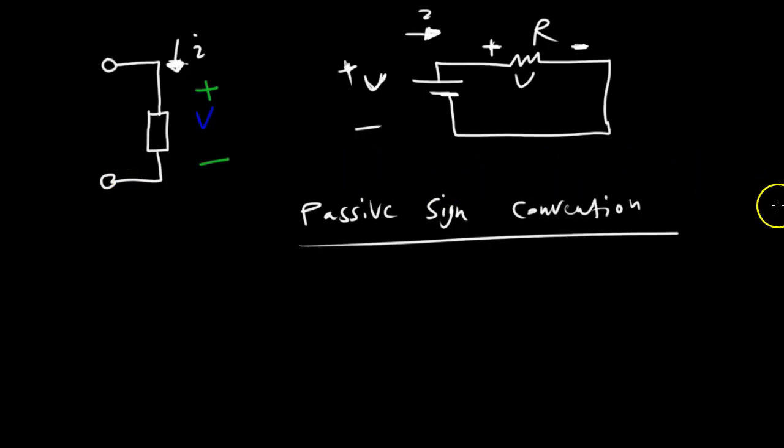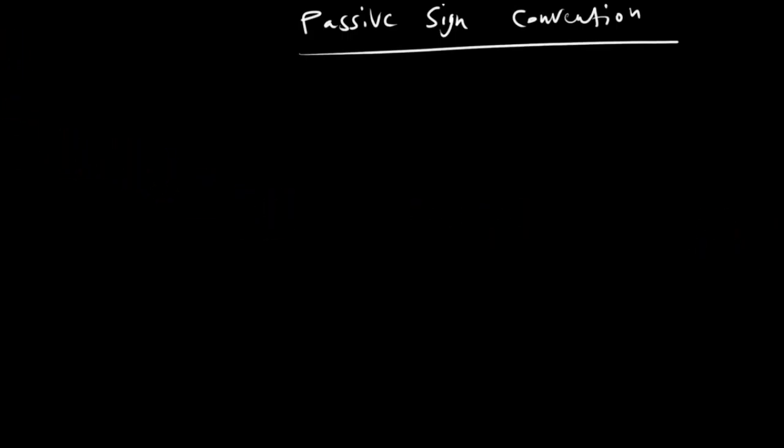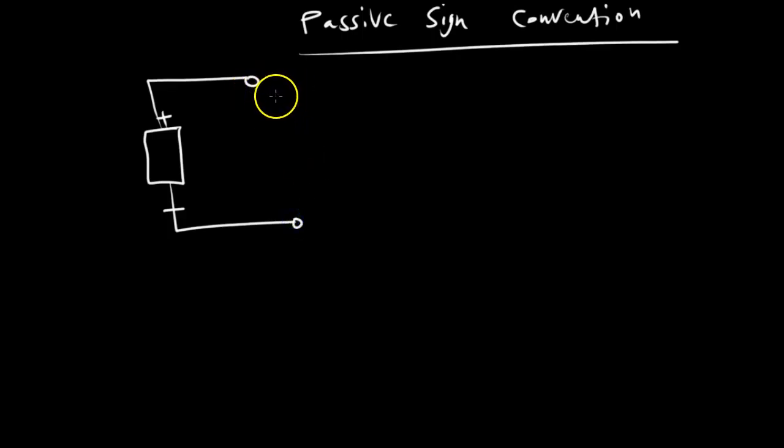So let's talk real quick about what we're going to read if we connect this to, let's say, a battery. That's the positive and that's the negative side, and we're going to measure it.